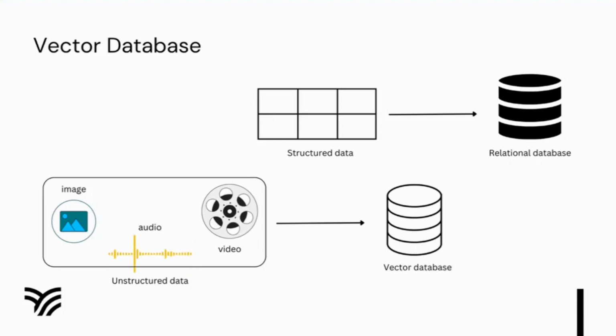That additional information helps us search the content according to its semantic meaning. Let's say we want to search for an image that is similar to one image. We can't do that using a relational database. So we need to put that image into the vector database, and then we can do the similarity search and retrieve the similar image from the vector database.